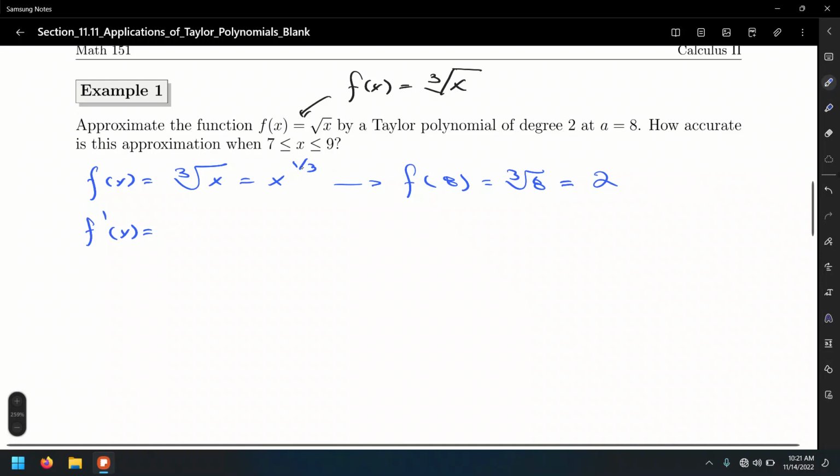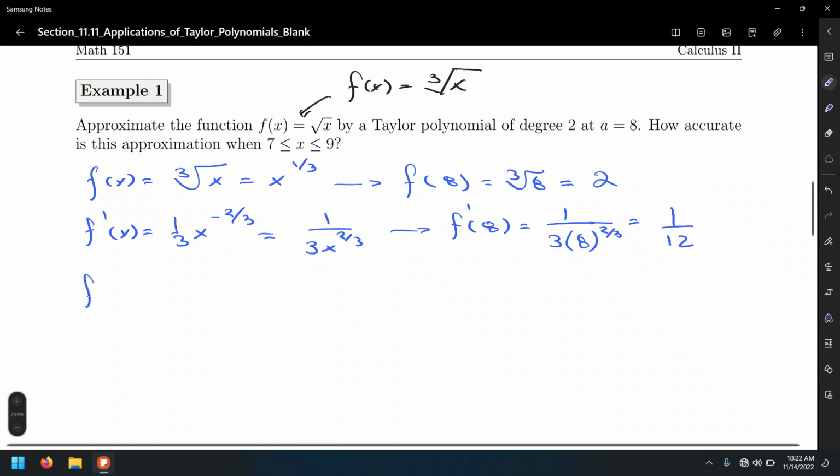Using the general power rule, that's 1/3 x to the negative 2/3, and we need it in positive exponent form, so we can evaluate f prime of 8. That's 1/3 times 1 over 8 to the 2/3 power. Simplifying this expression, that should give us 1/12.